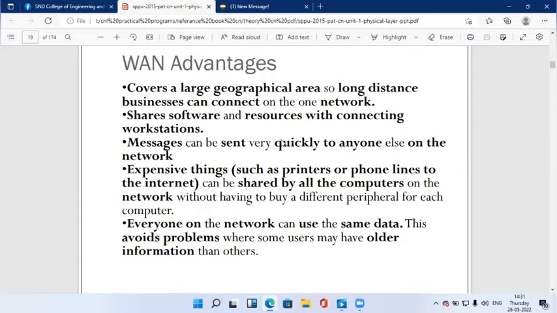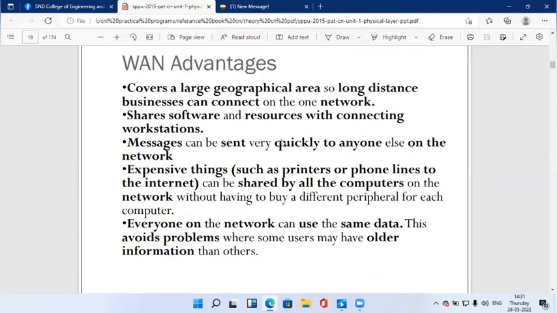Okay, and same in Pune also, Mumbai also. Okay, in Hyderabad also, Delhi also, Chennai, Kolkata, all those major cities have established different branches of Infosys. They have interconnected each other via a WAN type.